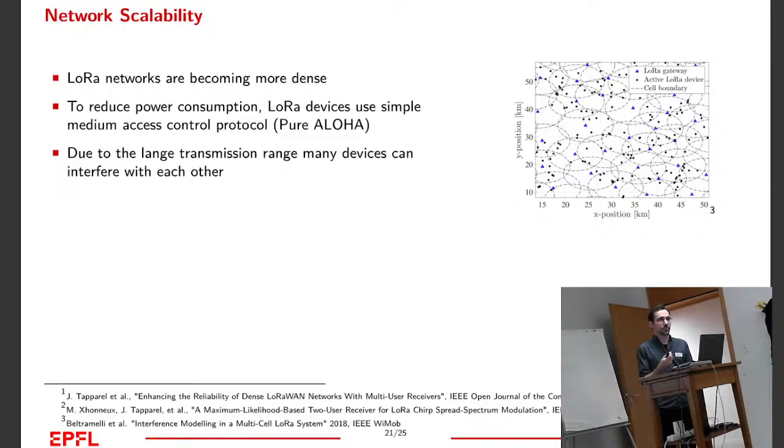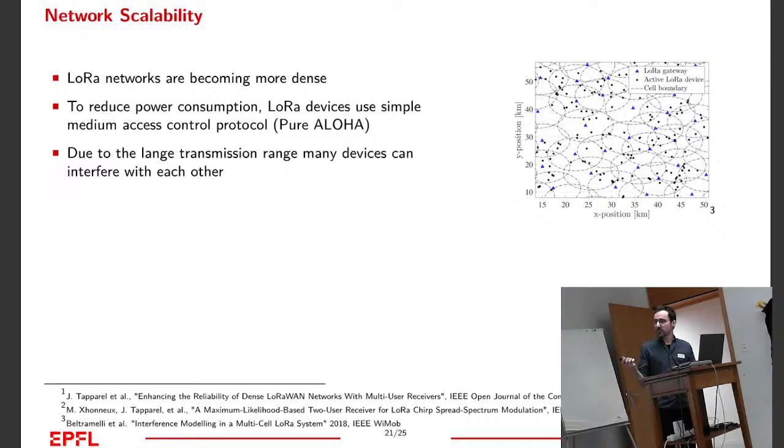But there is one main issue with this type of technology: to reduce power consumption, they use very simple scheduling mechanisms. Basically, when you want to transmit, you transmit. You don't have to respect any schedule. That's a problem, because when two people transmit at the same time, at the same frequency, you have collisions, and the packet or the information might be lost.